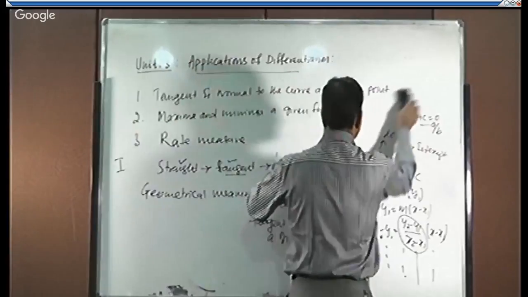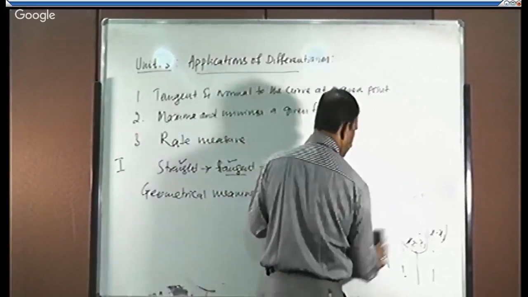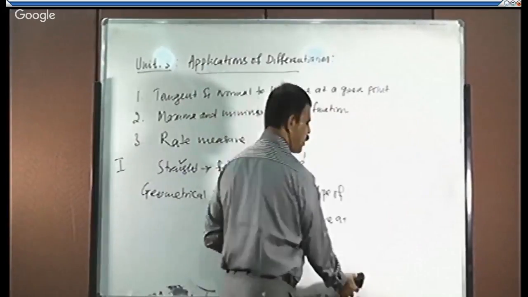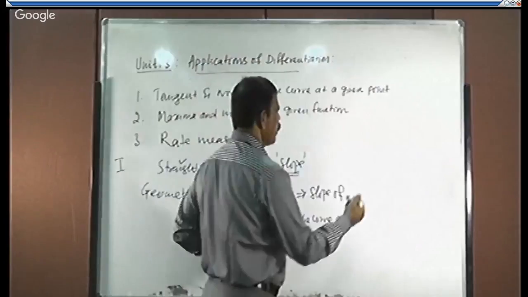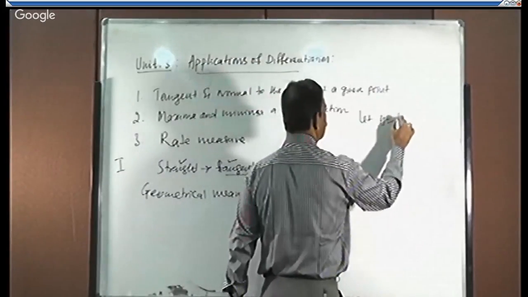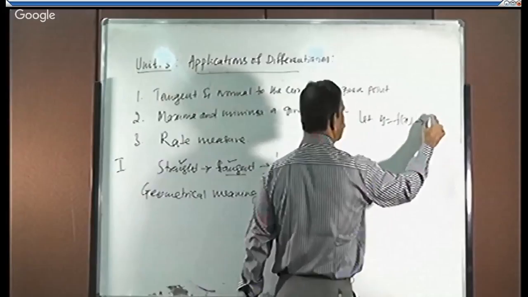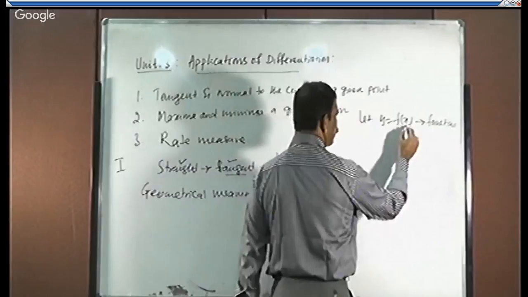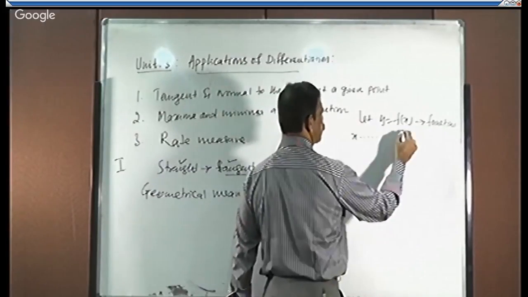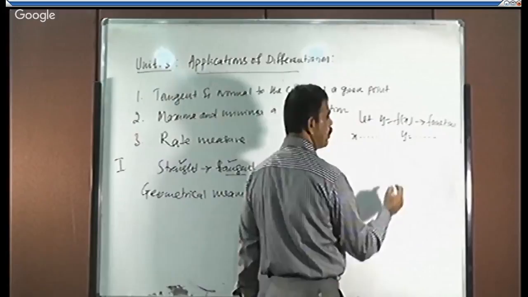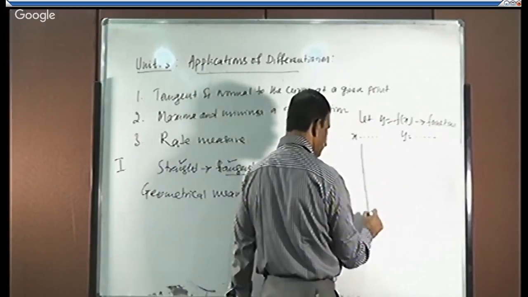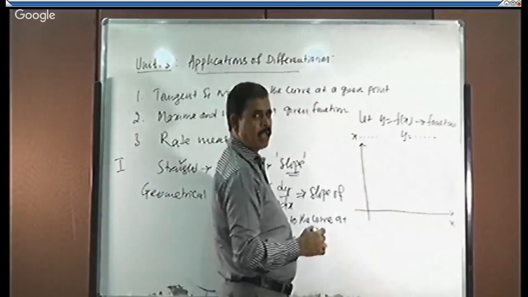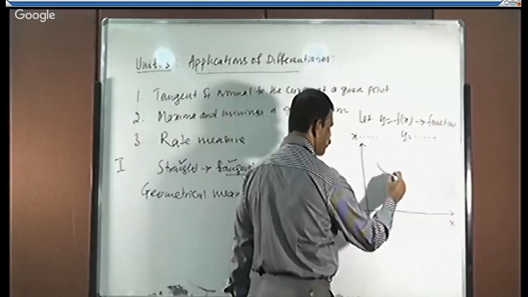Now I will tell you what a tangent is, what a normal is, and how they are taken for a given function. Let y is equal to f of x be a function. If I take different values of x, I will get different values of y, correct? By using those sets of values of x and y, if I draw a graph, you will get some type of curve.